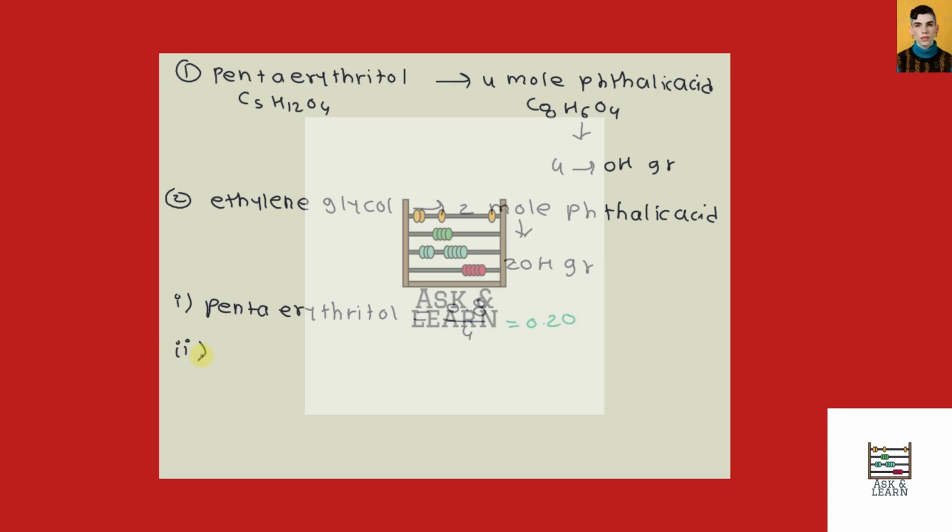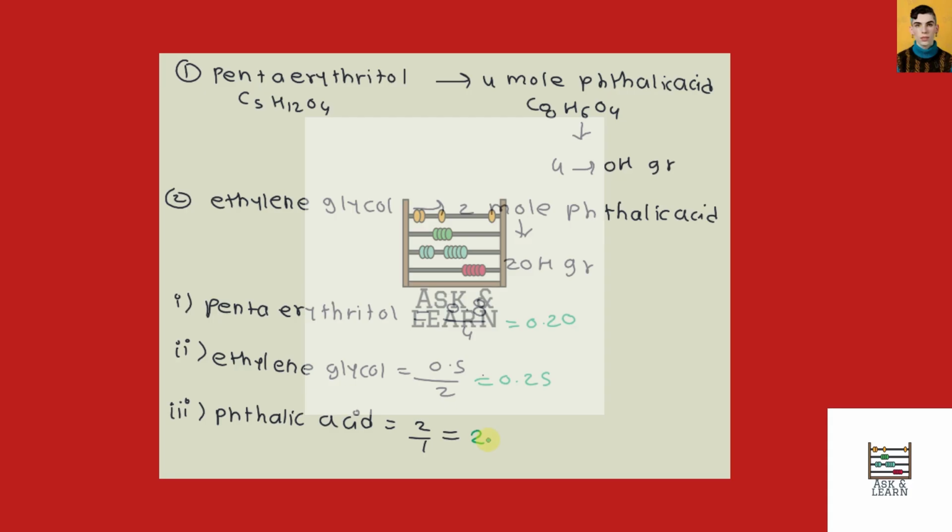We find the mole of ethylene glycol, which is equal to 0.5 divided by 2, and by calculation we get 0.25. Then third we find the mole of phthalic acid, which is 2.2 divided by 1, and by calculation we get 2.